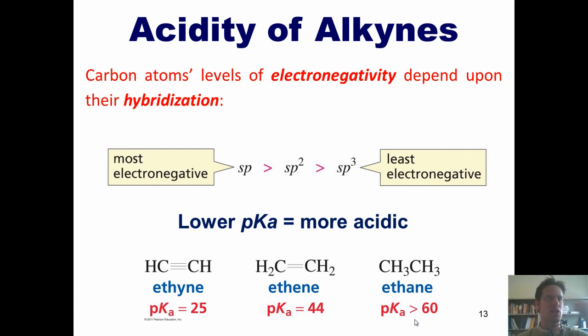That's a very, very huge number. If you had that many molecules of that alkane, one of those molecules in solution would be deprotonated. That's how unacidic an alkane is. By comparison, once again, an alkene is about 10 to the 20th times more acidic, and an alkyne is 10 to the 20th times more acidic than that.